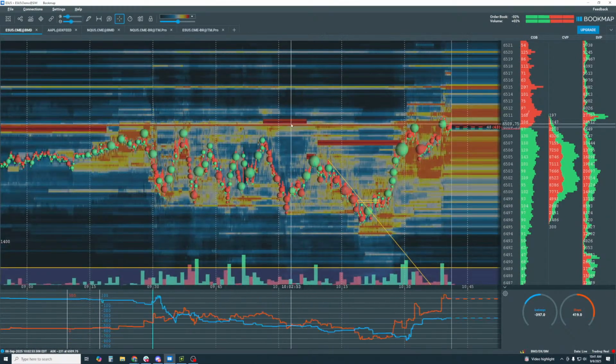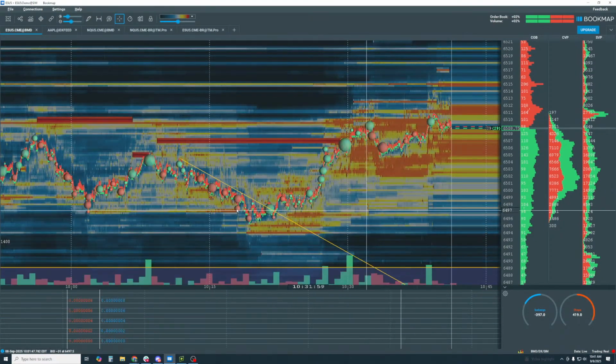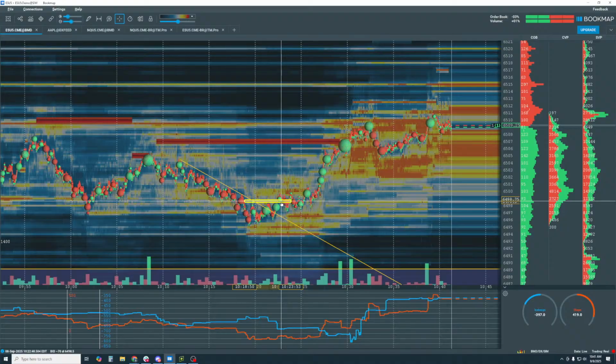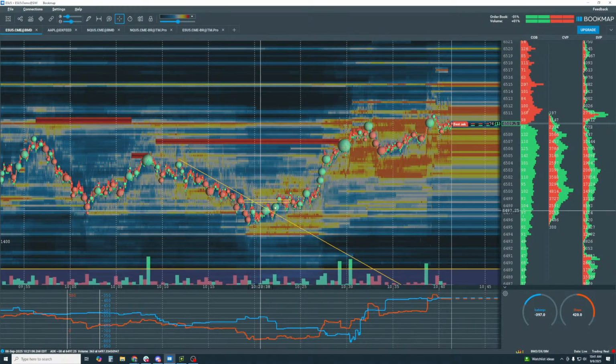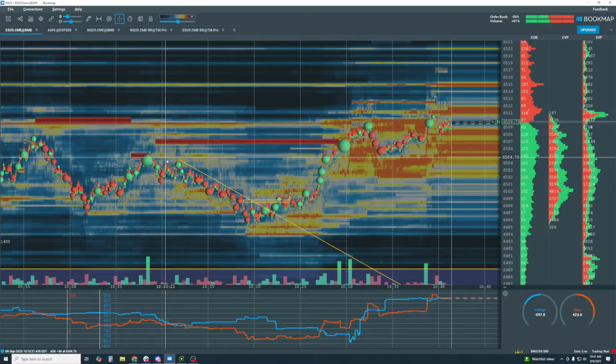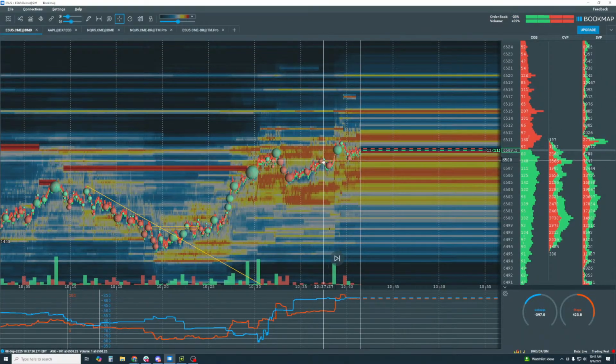We saw this one unfolding. Anyway, we saw the aggressive buyers come in, and we look for a range bound trade in here. It's outside the range now and accepting.